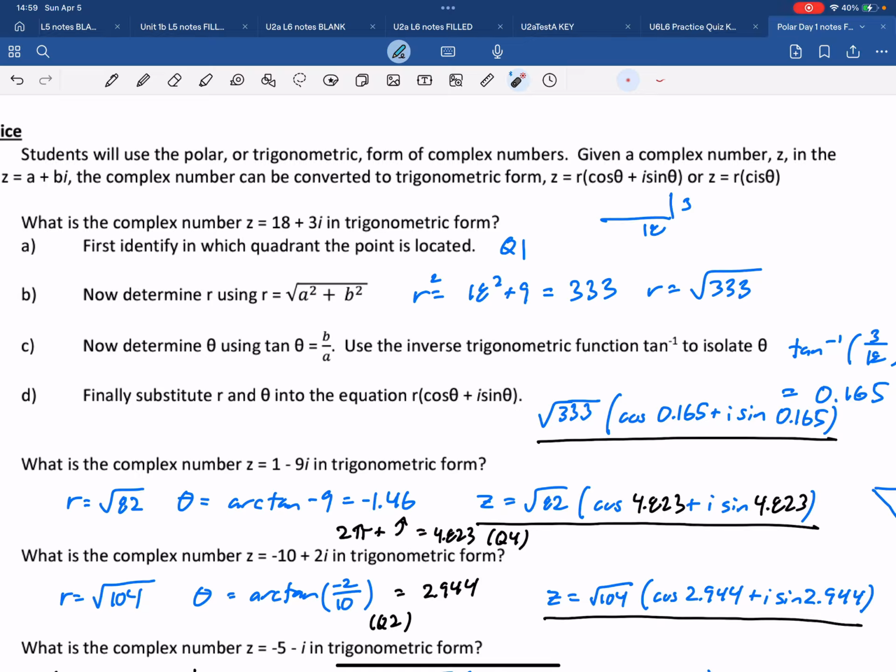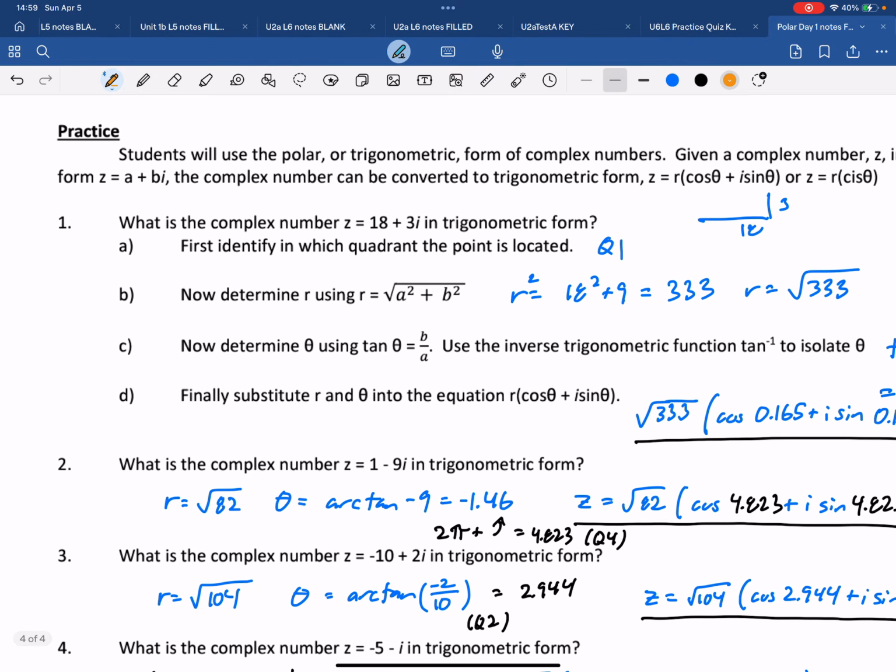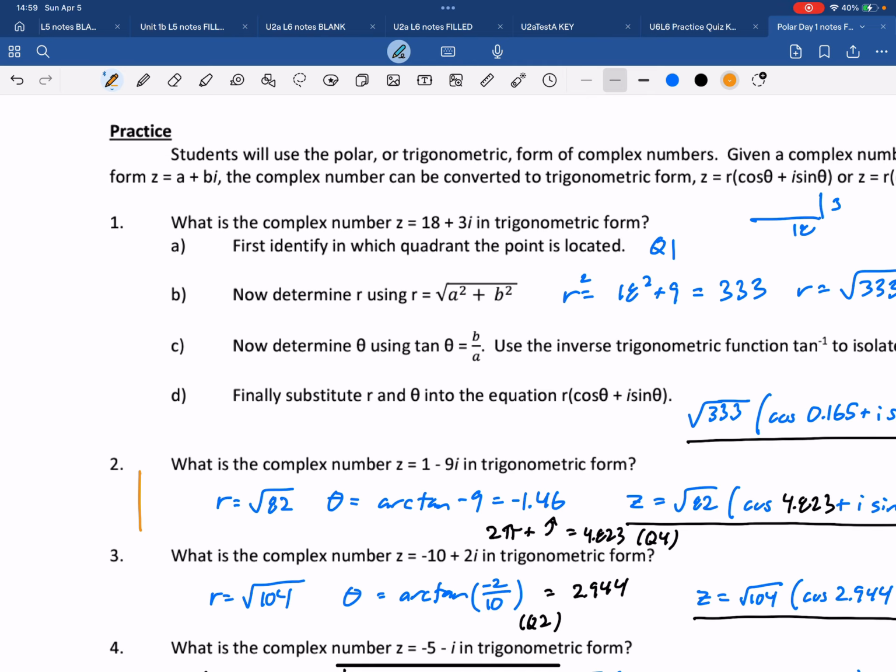I don't know if I explained it here, but when we get this negative 1.46, I want a positive angle. So I'm going to take that and add 2 pi to it. So 4.823 is in the same location as negative 1.46. I hope that makes sense. If I draw that out over here, negative 1.46 is maybe like that, but we want to get to it by going around.